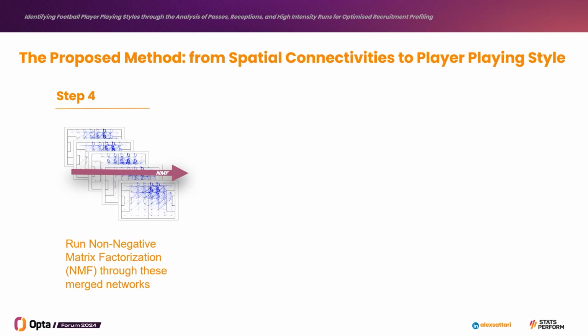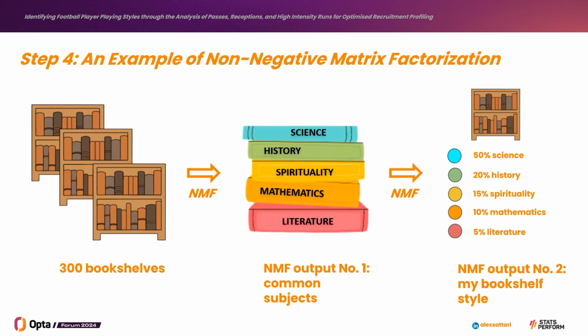So here I'm going to show you a schematic example of what NMF is. Let's assume we have a data set of 300 bookshelves with a lot of books in each one of these bookshelves, and we would like to identify the style of each bookshelf. So what we do is apply the NMF technique on all these bookshelf data sets, with all the books inside and all the text inside the books.